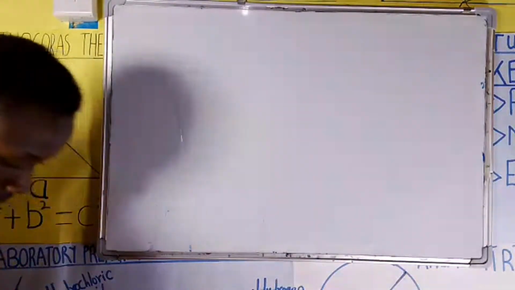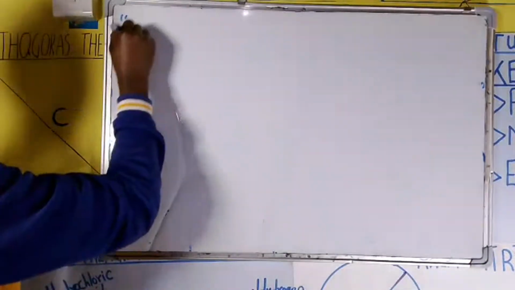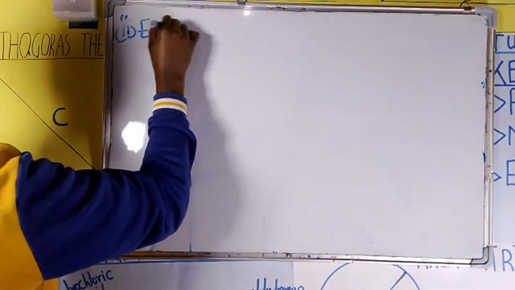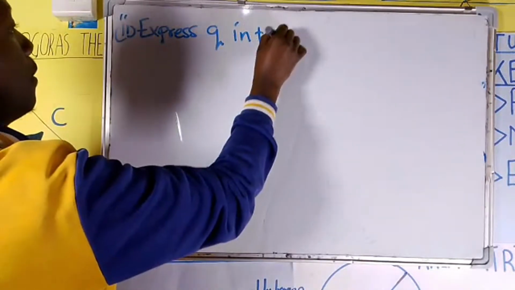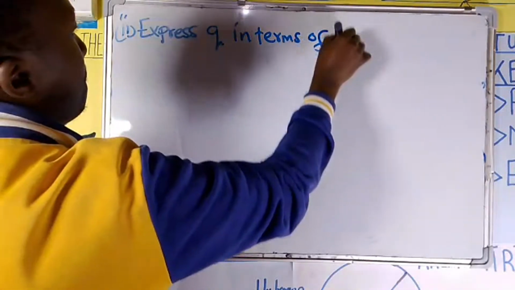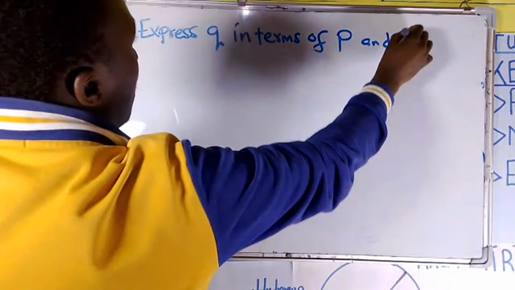So Roman 2, express Q in terms of P and R.